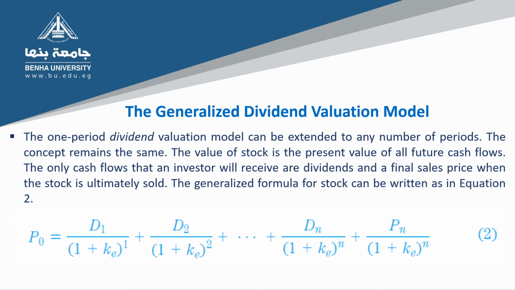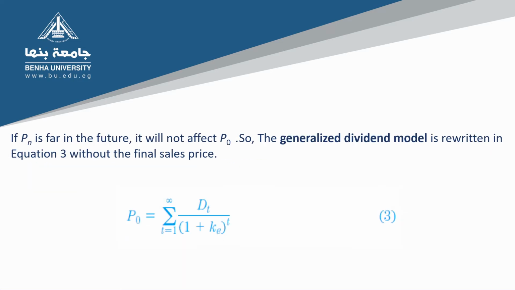The generalized formula for a stock can be written as in equation 2, the equation you see. Note that if Pn is far in the future, it will not affect P0. So, the generalized dividend model is rewritten in equation 3 without the final sales price.